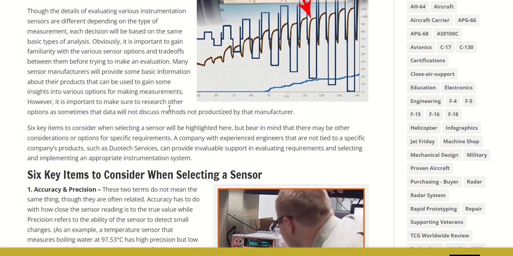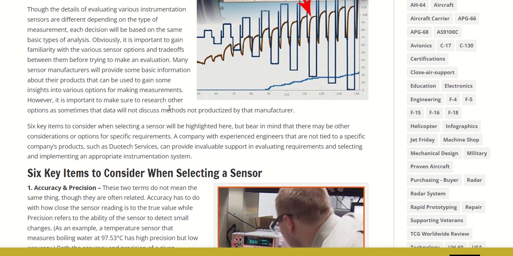Now that we have discussed the proximity sensor, I want to discuss the selection of the sensor and the six things which we shall consider before selecting the sensor, right?